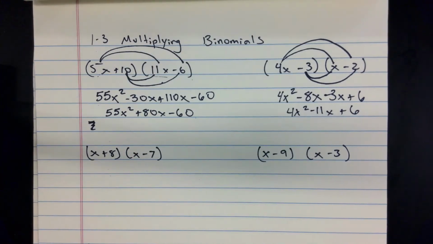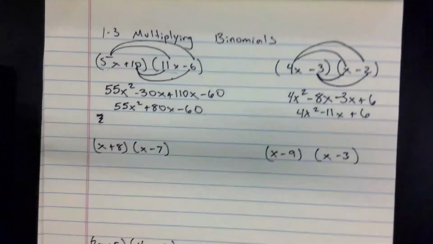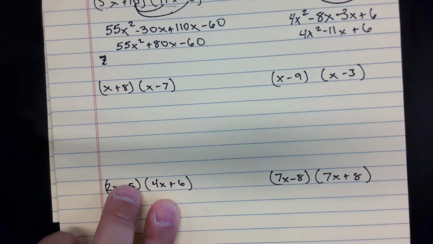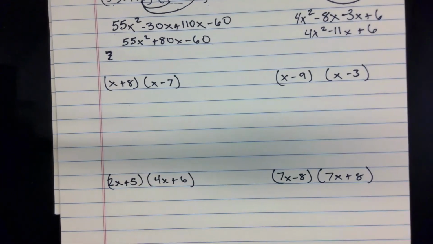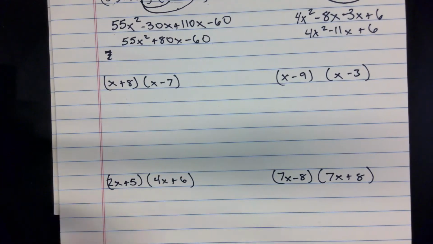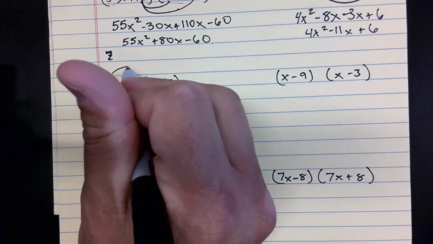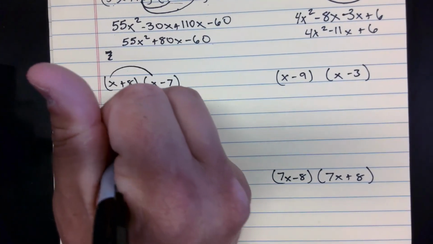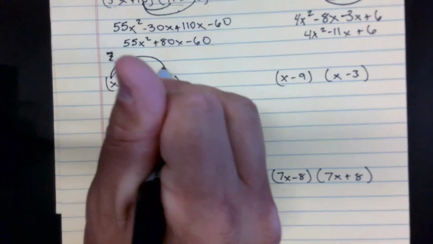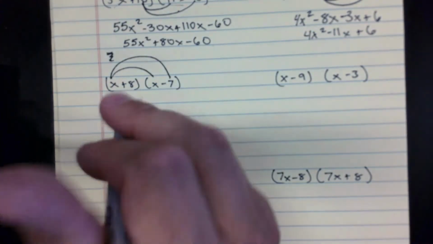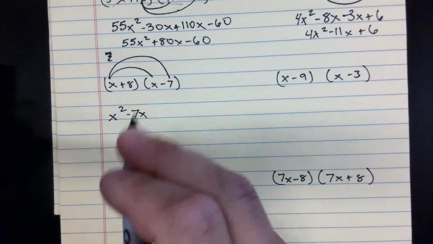Alright? If you want to, I said. Alright, so the next one looks like this. x plus 8 times x minus 7. So we start off the exact same process. First, x times x, which is x squared. Outside, x times the negative 7, which is negative 7x.